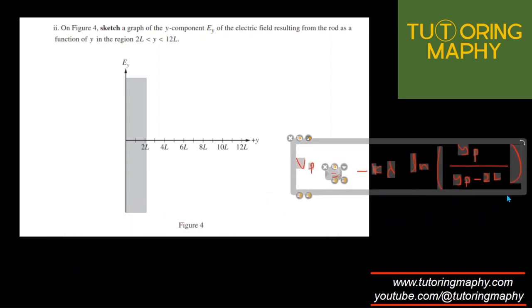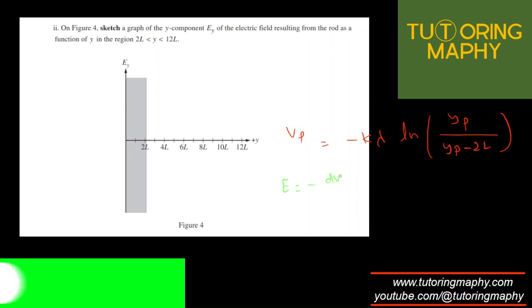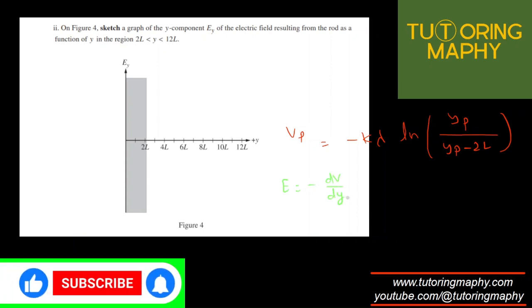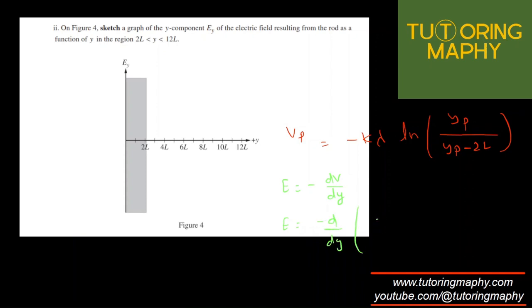This is the expression for the potential, and I know that the electric field is given by negative of dV over dy because y is the parameter. So this is just a general point yp, and obviously we are going to treat this as a general point y. So that's going to be minus k lambda natural log of y over y minus 2L.